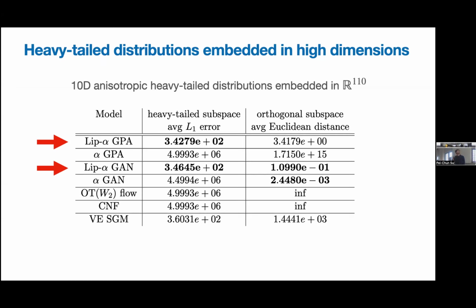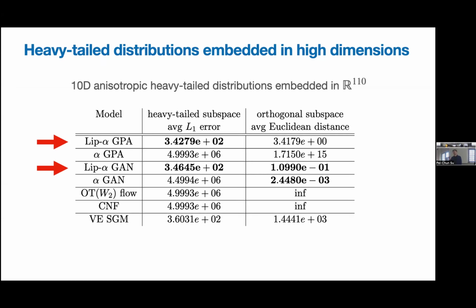These two methods, based on the Lipschitz regularized alpha divergence, have the smallest error in learning the heavy tails. SGN is also fine in this case. If you take further consideration of the distance to the manifold, these two still have a reasonable error, but SGN is not that good.